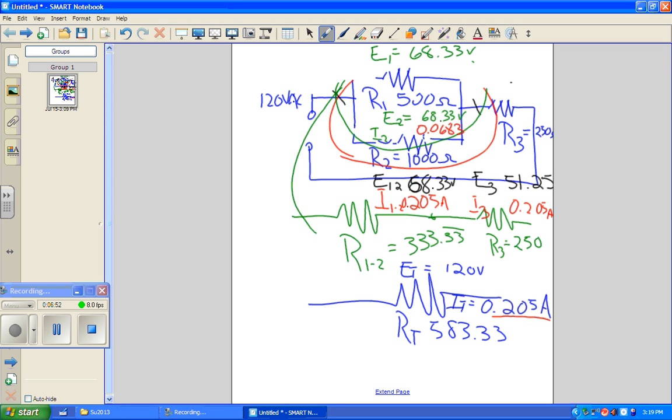And if we divide 68.33 by 500, what will we find?